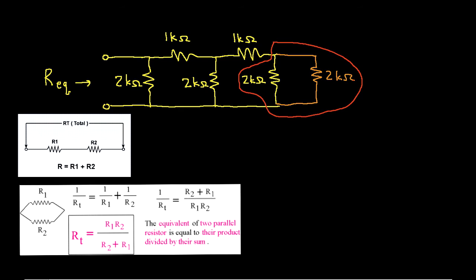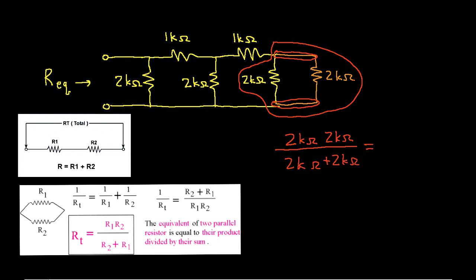You'll notice that they both are connected to that top node and that bottom node. Since they're both connected between the same two nodes, then they're parallel resistors. The equivalent resistance of these parallel resistors would be the product of the resistances divided by the sum of the resistances.